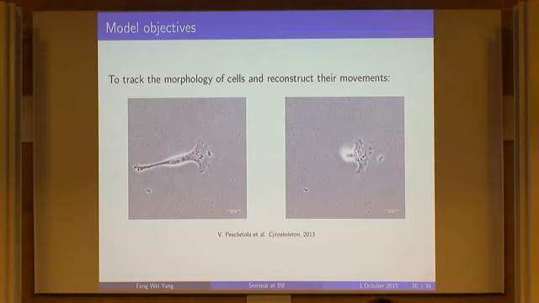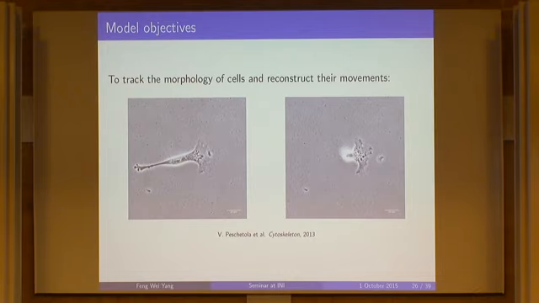The motivation and the objective is very straightforward. If you're given two sets of images, from time equal to 0 and time equal to capital T, we are trying to find a forcing that allows the morphology of the cell in this shape to get to the desired shape in the end.